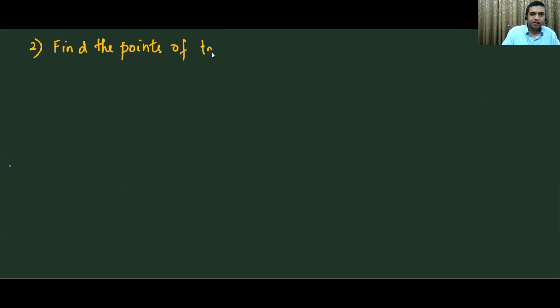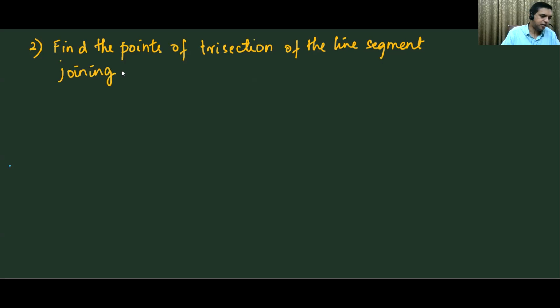Find the points of trisection of the line segment joining A(2, 1) and B(5, 3). Do this.